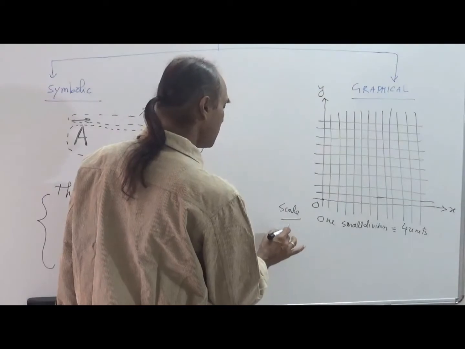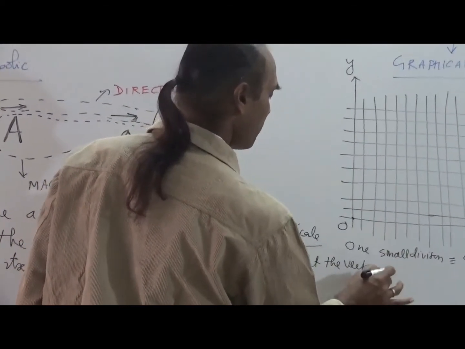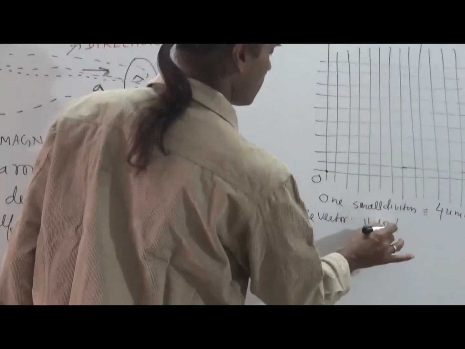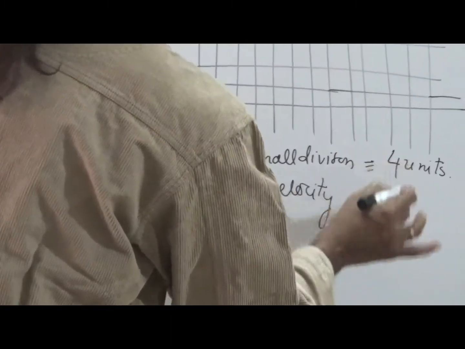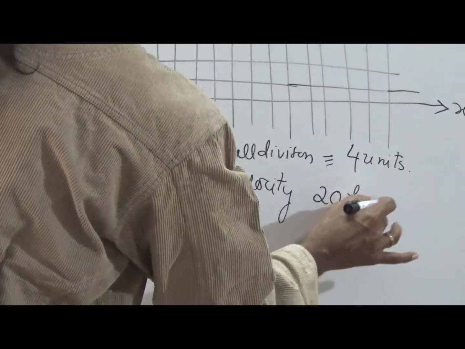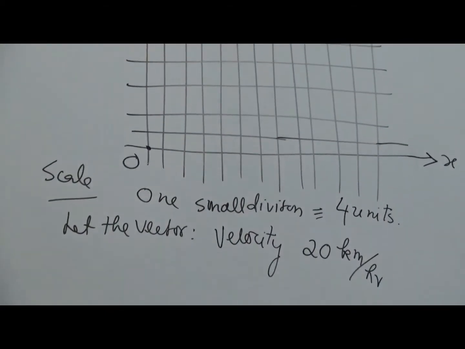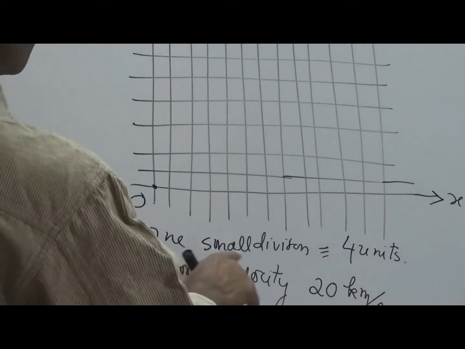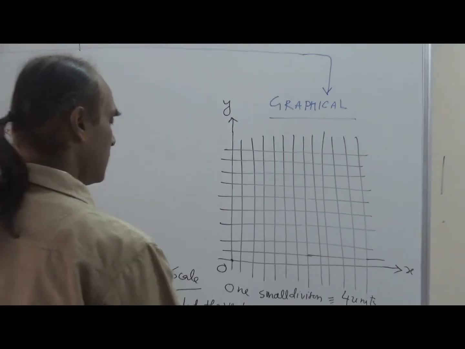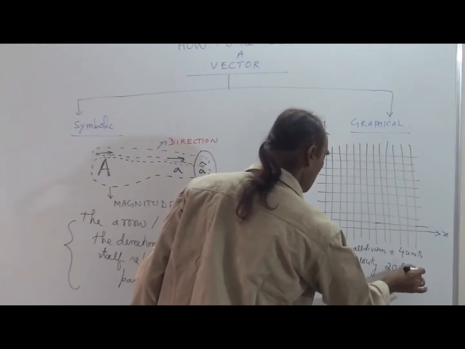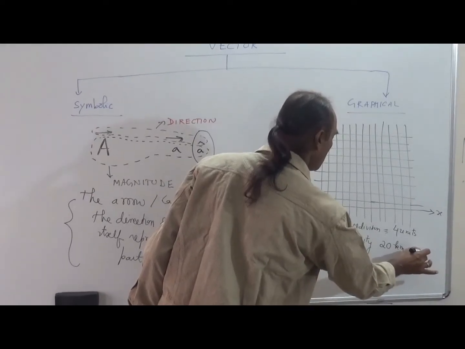Let the vector be velocity, say 20 kilometer per hour. So one small division is equal to 4 units. So 20 kilometer per hour means 20 units.